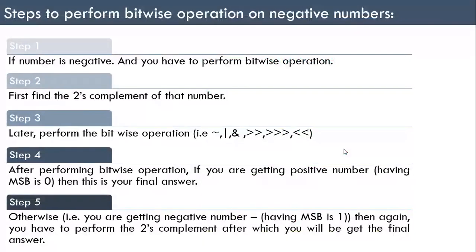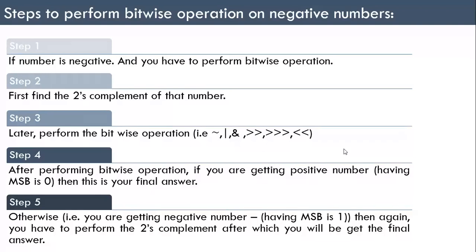While performing bitwise operators on negative numbers in Java, there are the following steps which we have to follow. If the number is negative and you have to perform a bitwise operator, then first find the 2's complement of that number, because all bitwise operations are performed on machine level code.